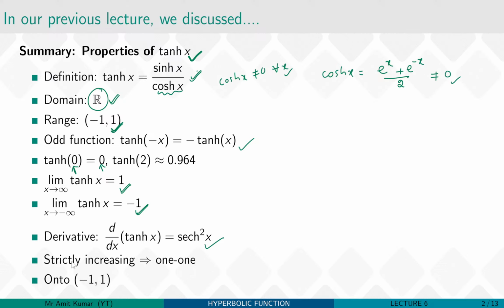Next, this is a strictly increasing function. This is also a one-one function, and this function is onto when the codomain is -1 to 1. Basically, if we define the tan hyperbolic function from the set of real numbers to the open interval -1 to 1, then tan hyperbolic function is an onto function.